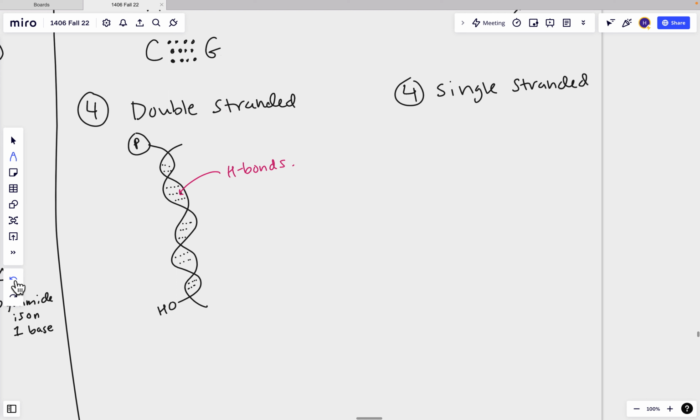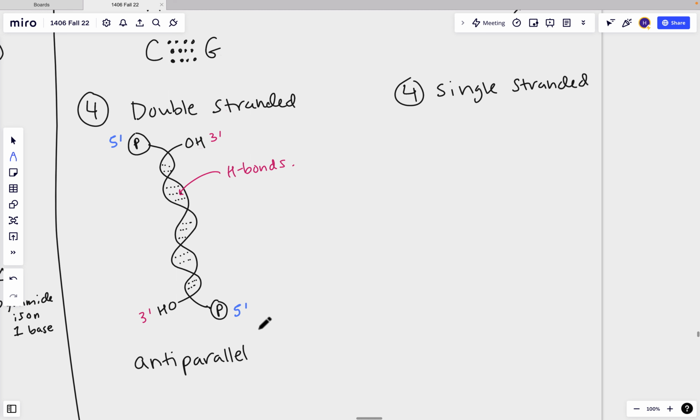Let's do this in a different color. Okay, and then the other one, we have it the opposite with the phosphate here. We track it up. Good, it's on this side. So the hydroxyl group's over there. So this is what we call anti-parallel. Saw that in the book. Anti-parallel means that 3' and 5' are on opposite ends from each strand.